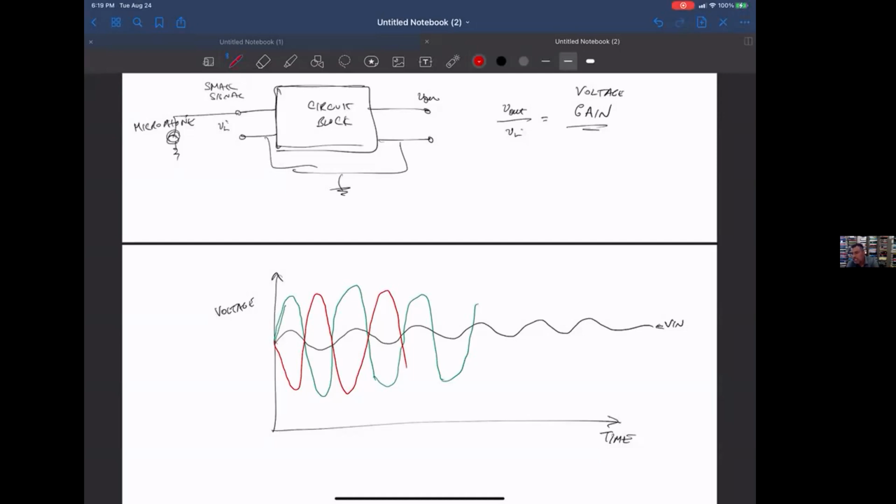As you'll see, transistor circuits like to give you negative gain because of negative feedback. So if you want a positive gain, you put two stages, each with a negative gain, and in total they give you a positive gain at the output. If you want a negative gain, you put in an odd number of stages. So it just means that the sign is reversed from the input to the output.